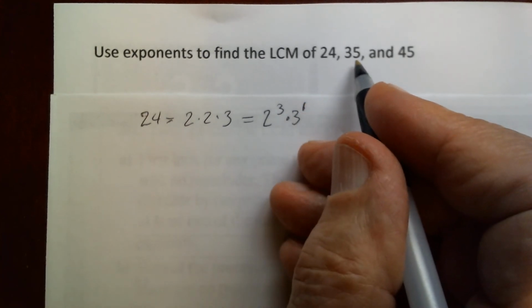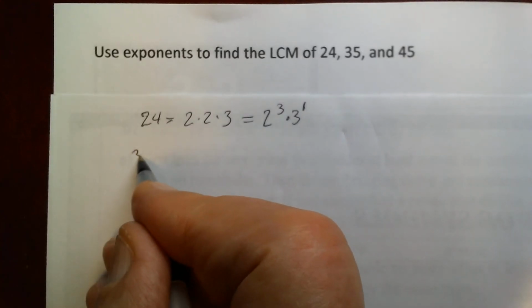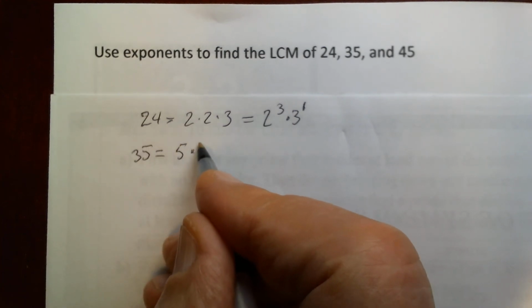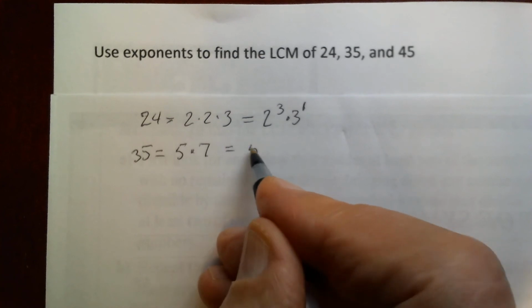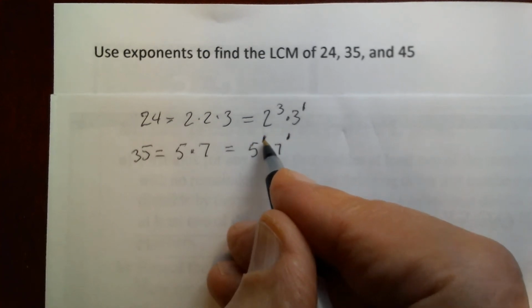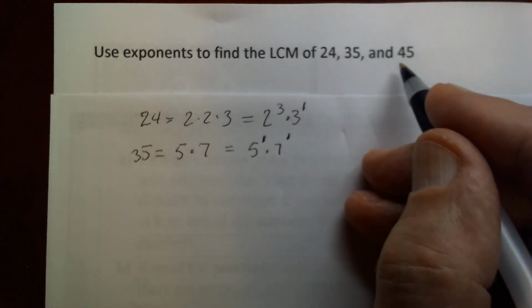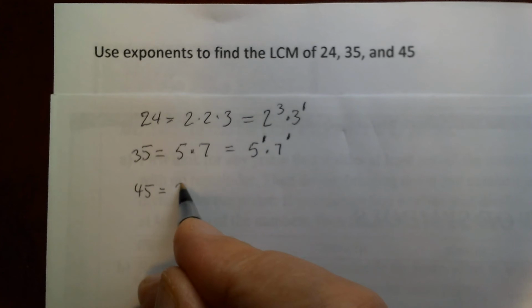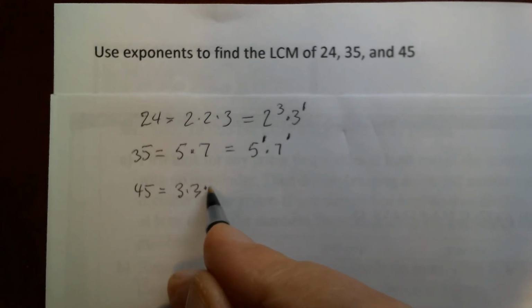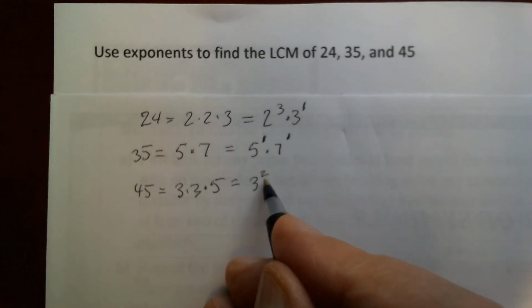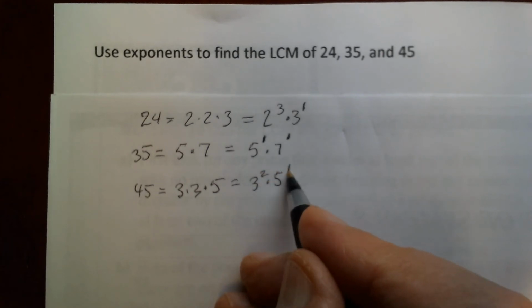And the prime factorization of 35 is equal to 5 times 7, or 5 to the first power times 7 to the first power. And the prime factorization of 45 is equal to 3 times 3 times 5, or 3 to the second power times 5 to the first power.